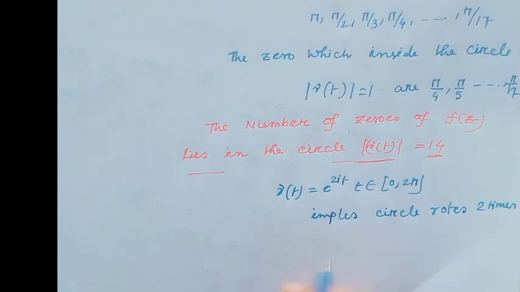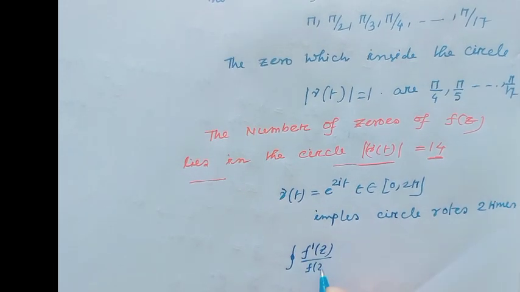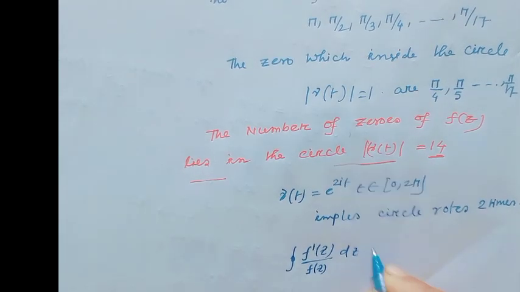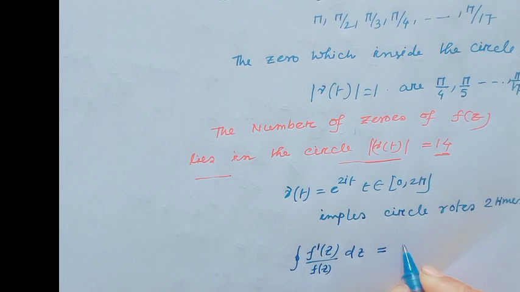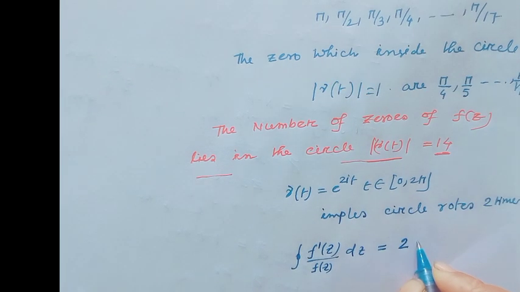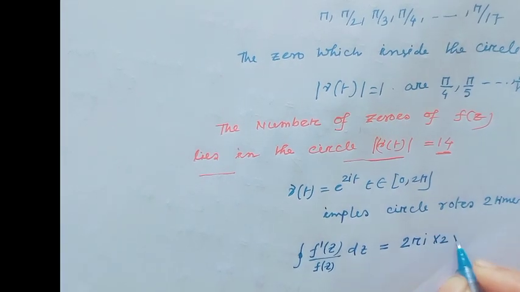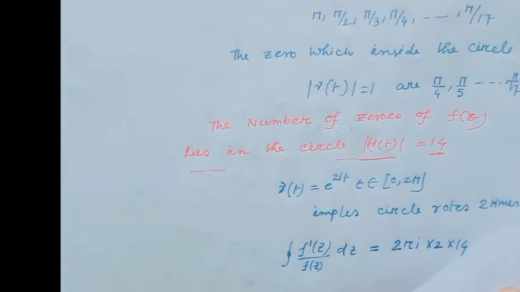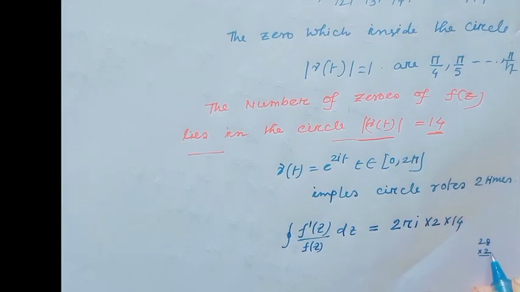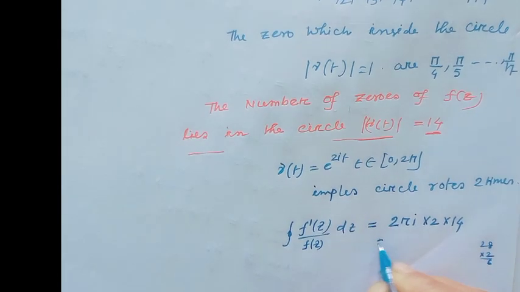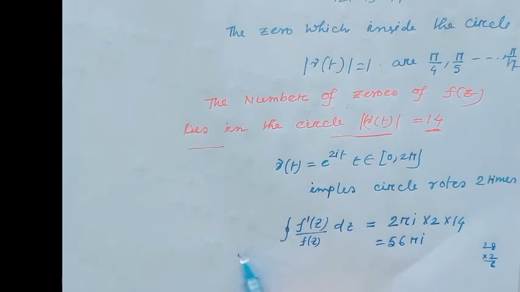So the integral of f prime(z) over f(z) dz is 2 pi i times 2 times 14. That means this value is 28 times 2 pi i, which is 56 pi i. This is the answer of this integration.